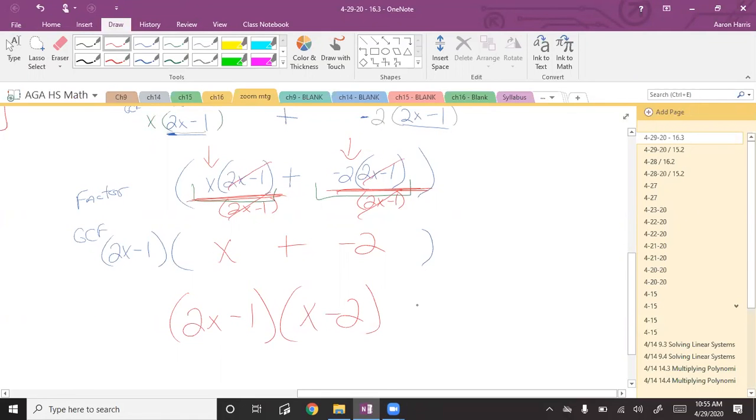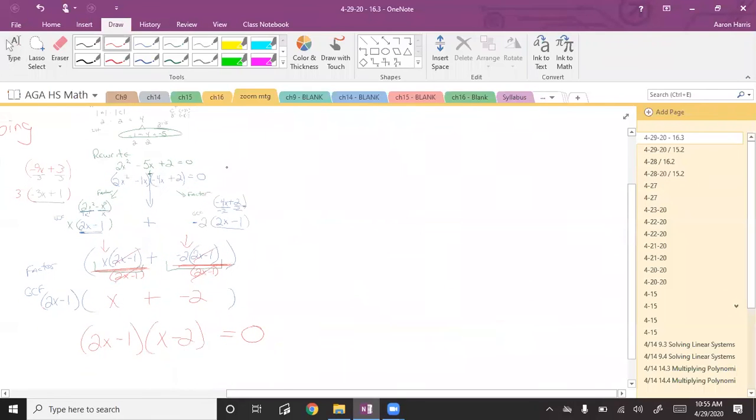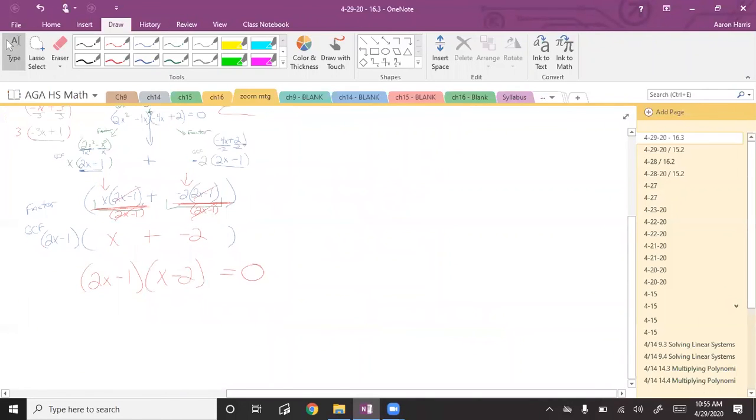Now, remember, it was still equal to 0, correct? Mm-hmm. So up here, it says equal to 0. Remember yesterday and today, we sat there and said solve it. So what should I do? 2x minus 1 is equal to what? 0. And then x minus 2 is equal to what? 0.